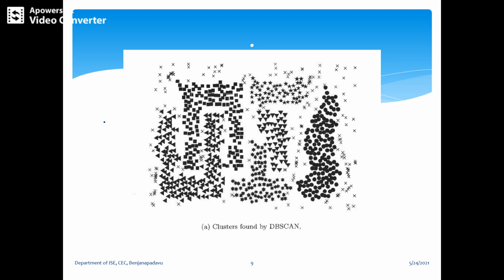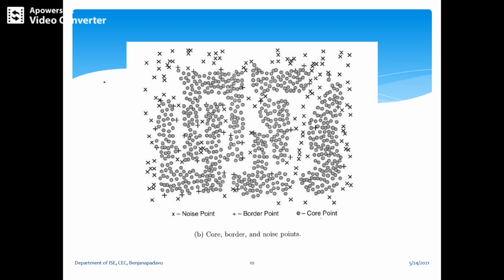That is the other diagram. Here we are going to identify the noise points, where all the X marks will be there. We can call those noise points. Where the plus and minus symbols are there after taking the radius, we usually call it a border point, where the small circle and a minus will be there, or that plus, we can call it a border point, and a dotted circle will be called a core point.